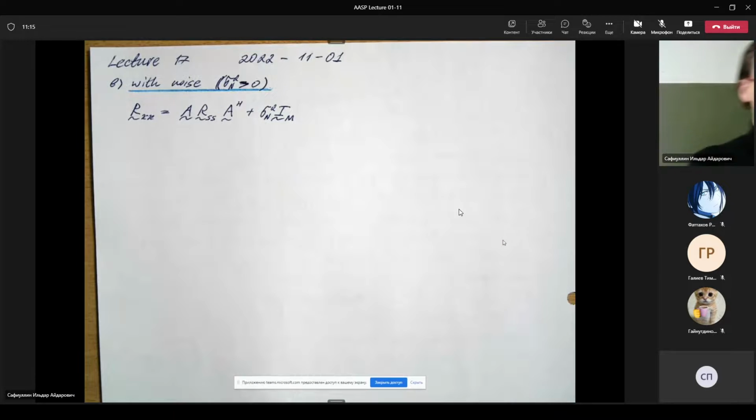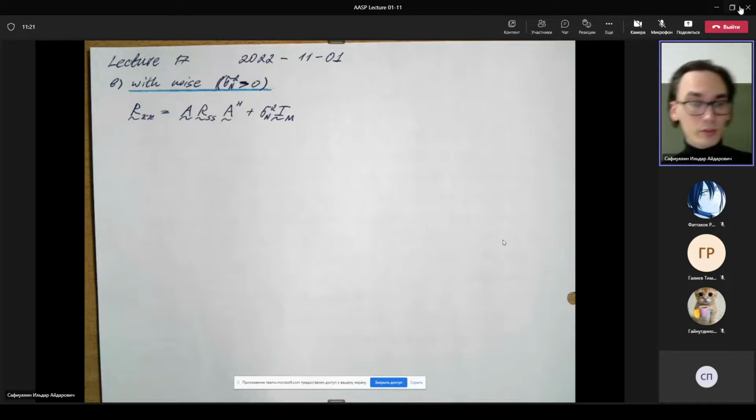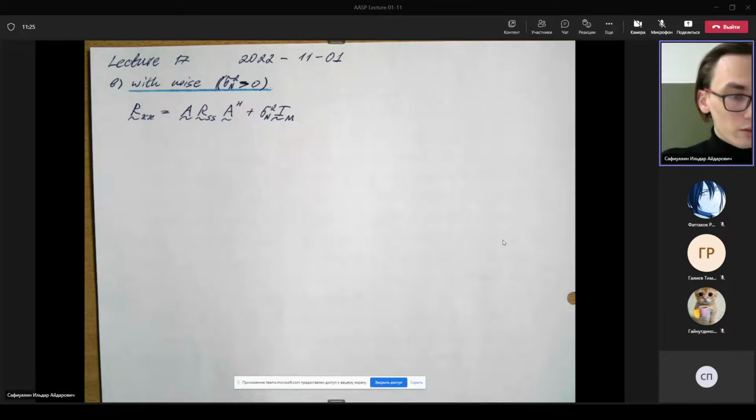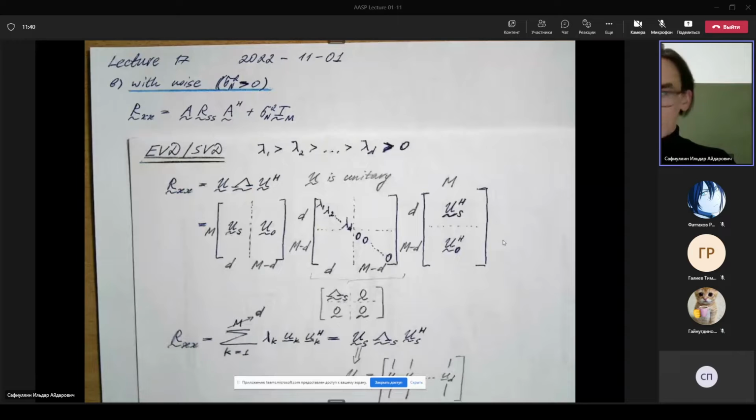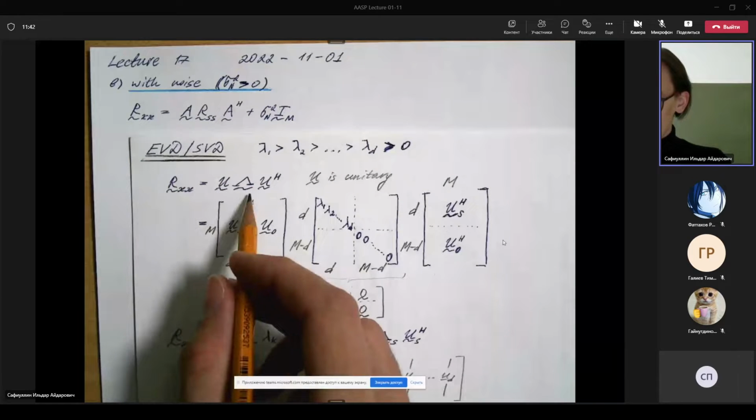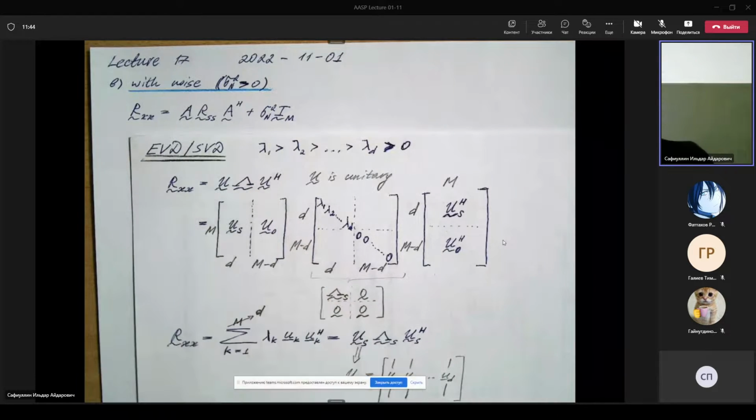Or we can rewrite everything in the following way. If you remember, we showed Rxx as U times lambda times U Hermitian.